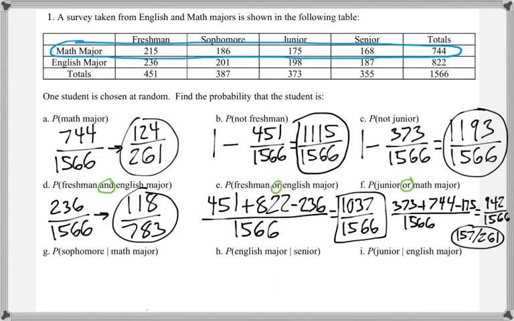So we know our denominator is 744. And of these 744 students, how many are sophomore? And that is 186. So if we reduce this, we get 1 over 4.